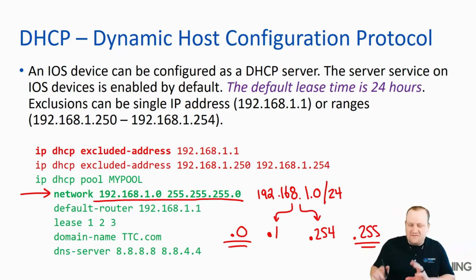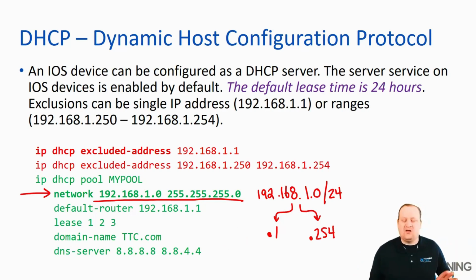Because 255 is reserved for a broadcast function, we can't use that. And because 0 is reserved for identifying the range of the network, that can't be used either. This gives you a range of 1 to 254, where the first address it would give out would be 1, and the next one would be 2, and then 3, and the last address it could give out would be 254.